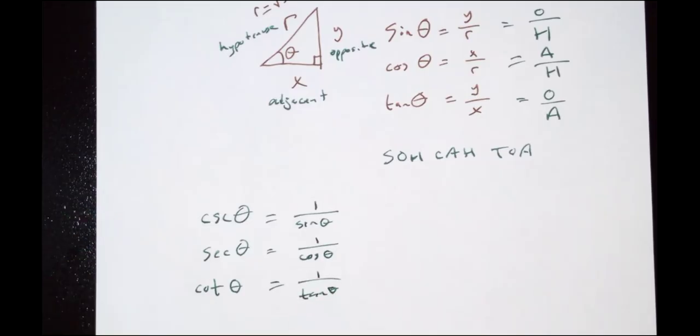Now, I am personally rather annoyed at this. Sine of theta and cosine of theta, right? And secant and cosecant. But notice that secant goes with cosine and cosecant goes with sine.